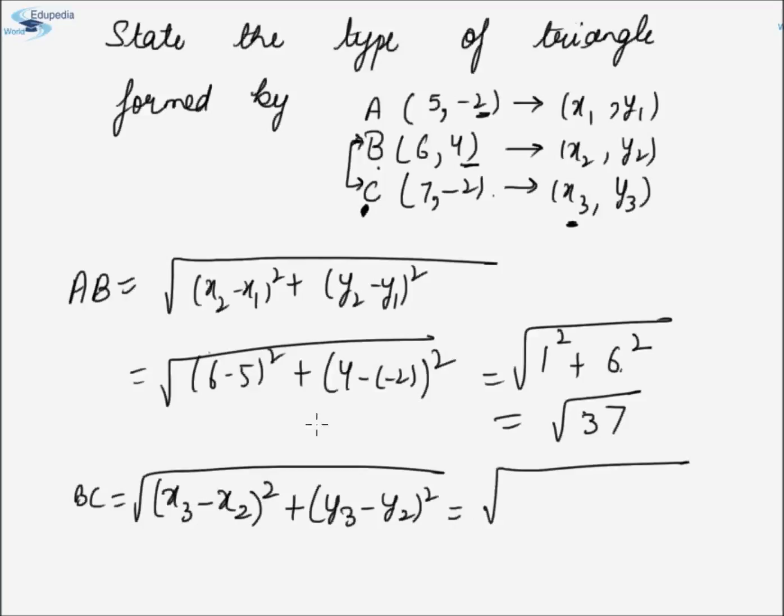So we will have x3, that is 7, minus 6, which is x2, so 7 minus 6 whole square plus y3, which is minus 2, minus y2, which is 4.